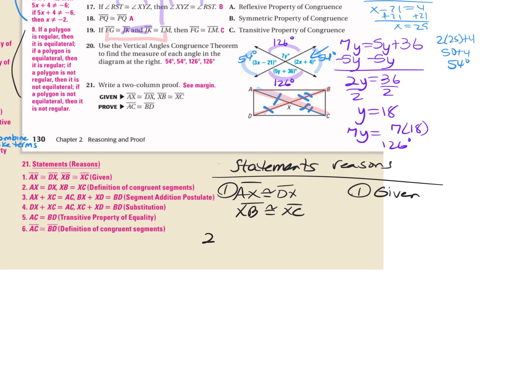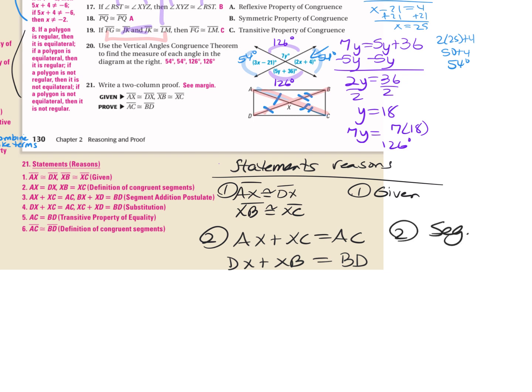So I'm going to show you that AC is made up of adding AX plus XC, and it equals AC. And then I can do DX plus XB equals BD. And this is my segment addition postulate. And you can abbreviate it as SAP if you wish.